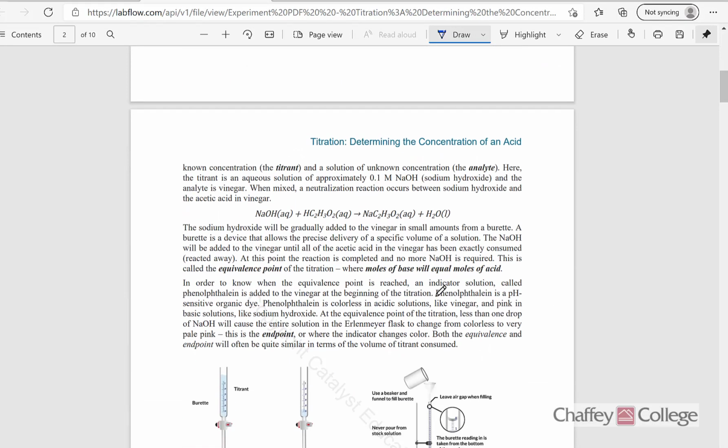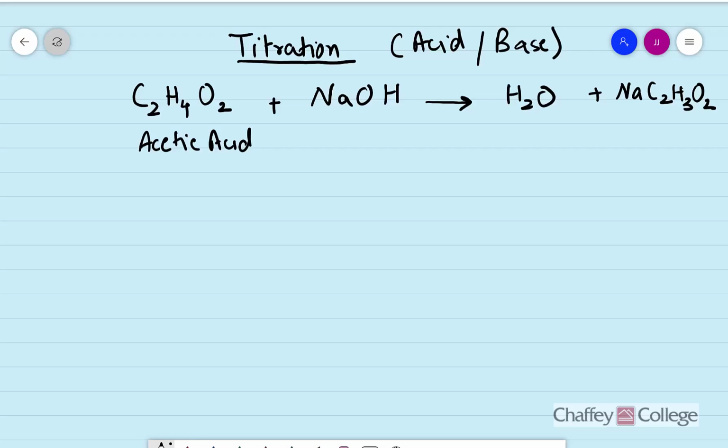The reaction equation is also given in the instruction PDF file, and this equation is already balanced, and you will notice that for every 1 mole of acid we need 1 mole of base to completely neutralize each other.